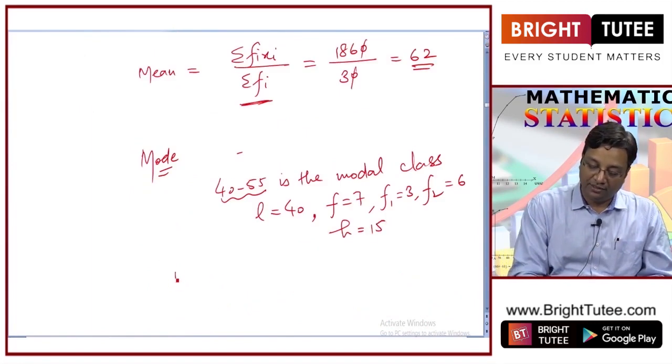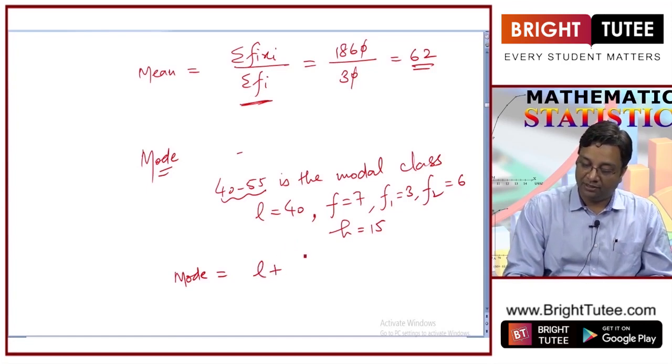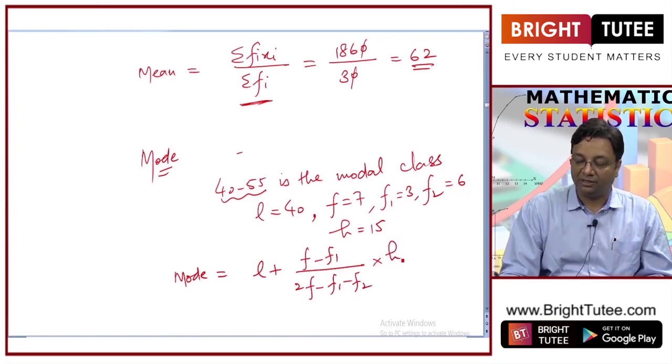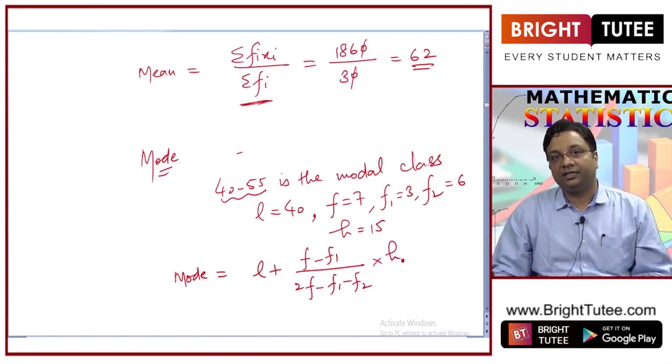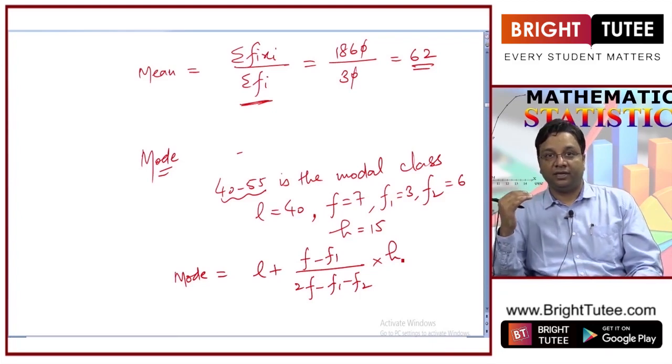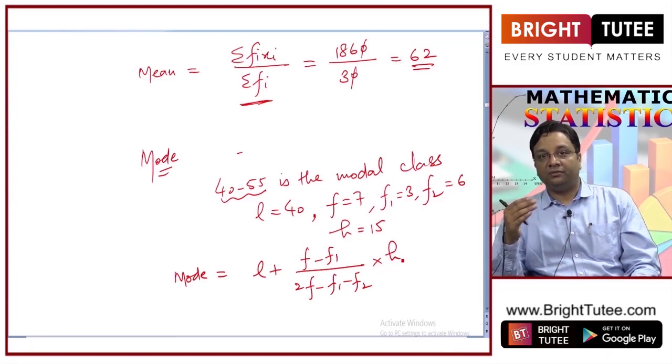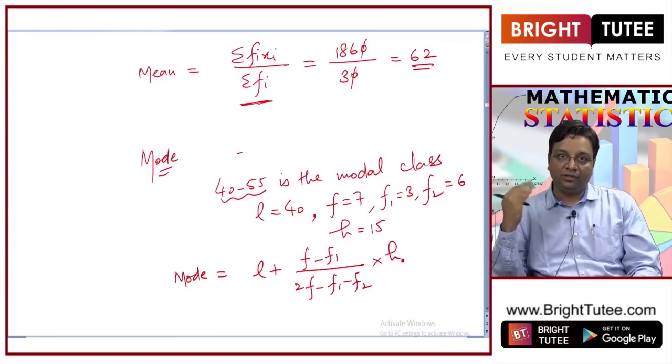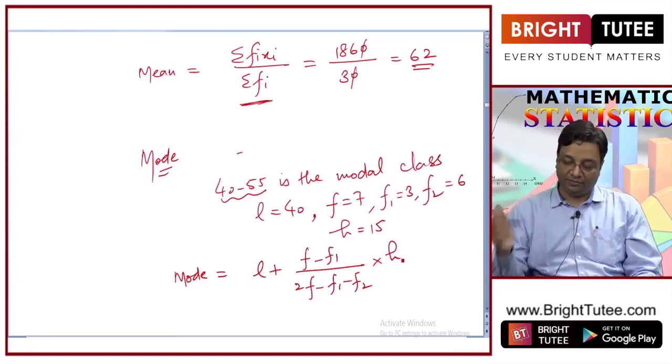Now let's apply the formula here. Mode is equal to L plus f minus f1 divided by 2f minus f1 minus f2, into h. Why am I writing this formula again and again? So that you memorize it. When you see it or practice it more number of times, you tend to remember it.